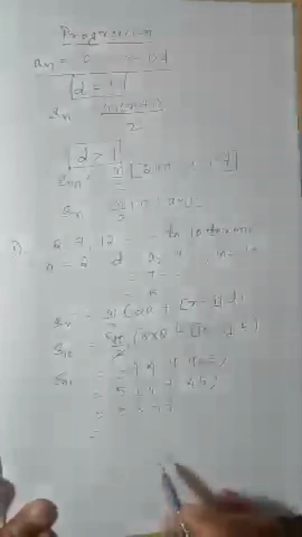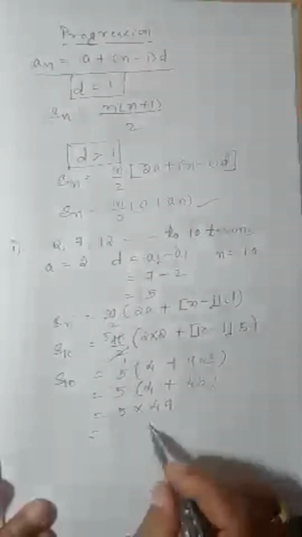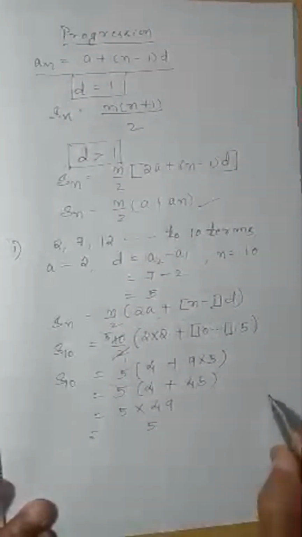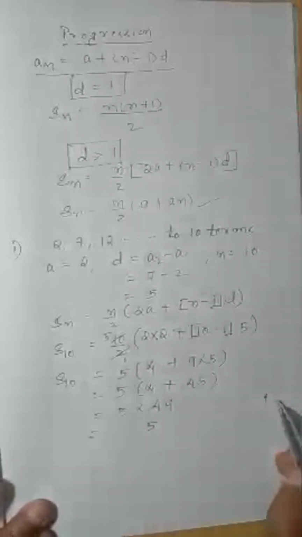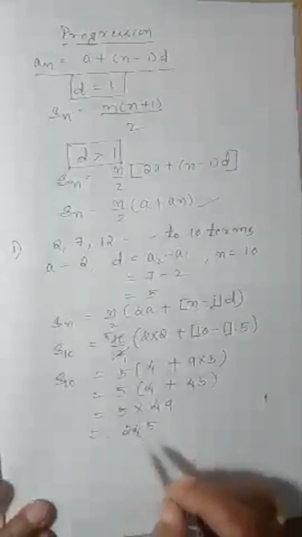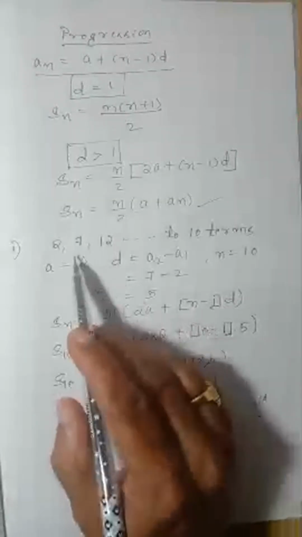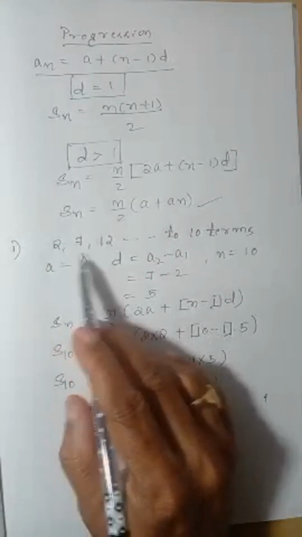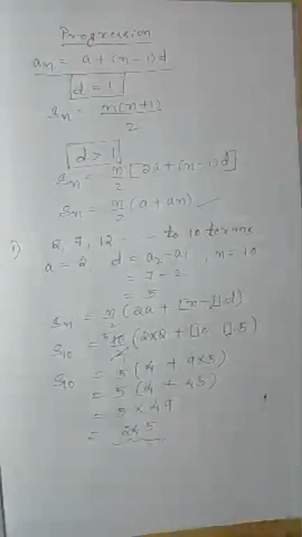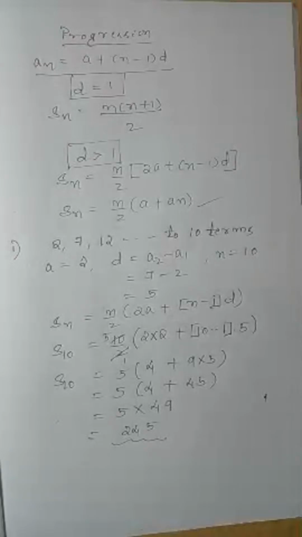Here multiply by 5. 5 nines are 45, 4 carry. 5 fours are 20, 20 and 4, 245. In this problem, in the AP 2, 7, 12, up to 10 terms, the sum will be 245. Here, I'll take one more problem.